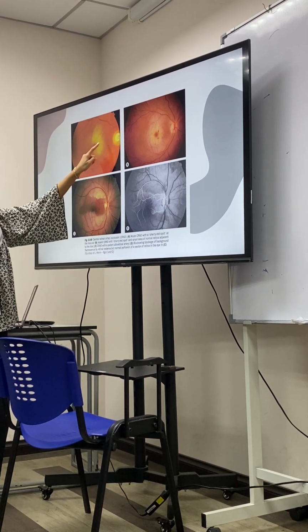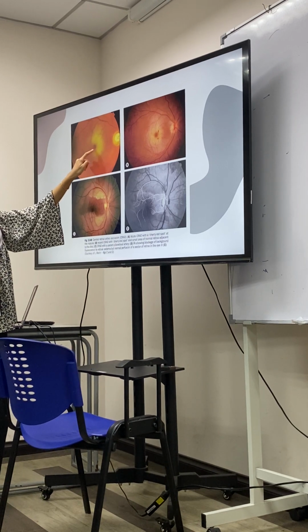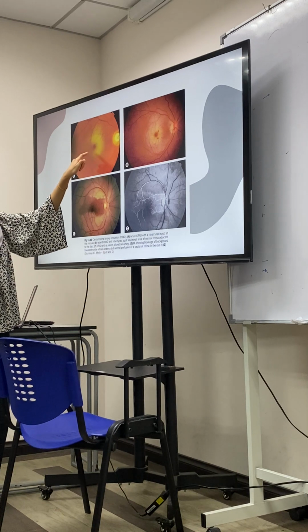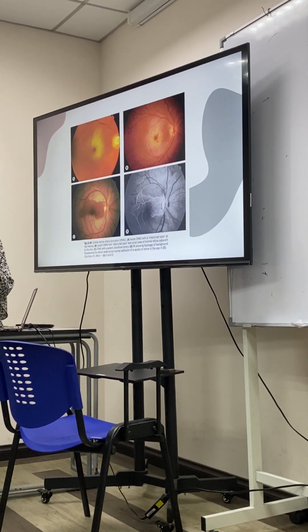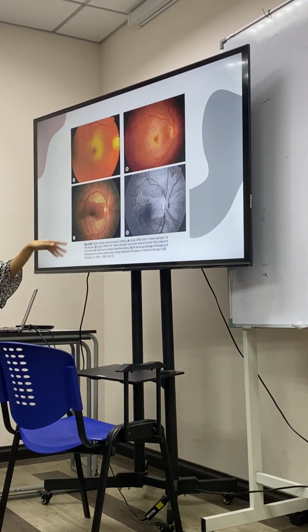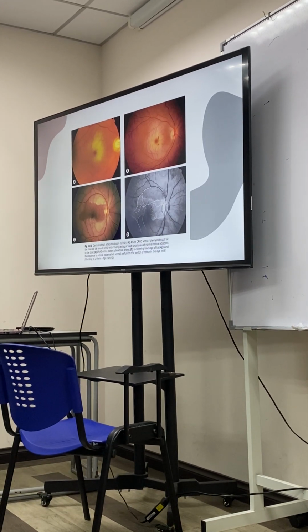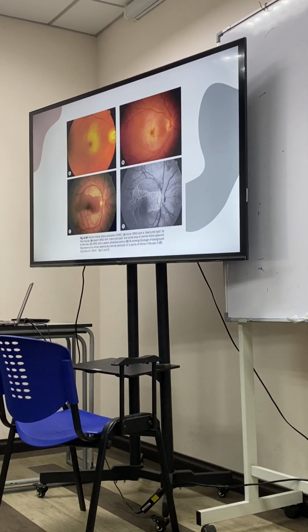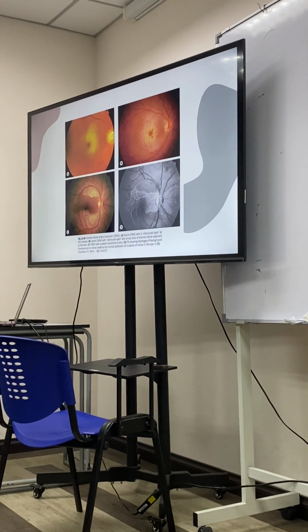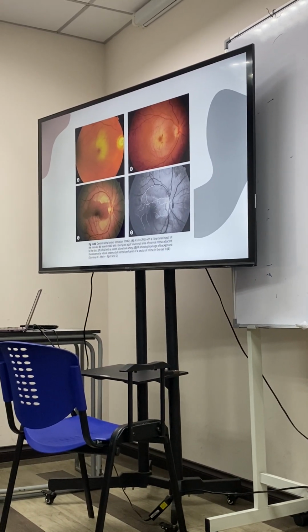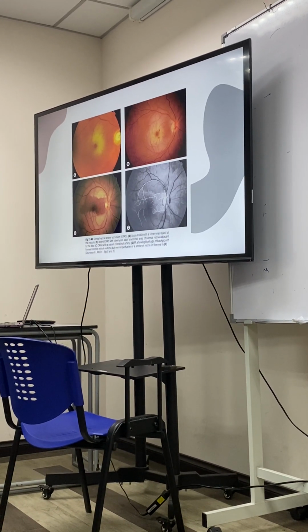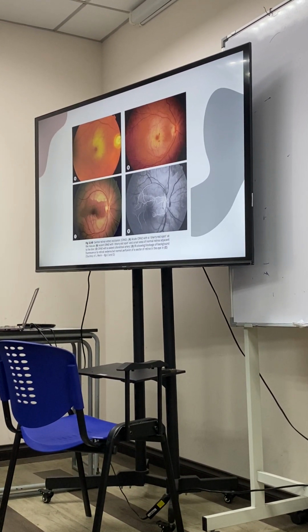So that's why we can see this cherry red spot against retinal edema, cloudy retina, milky white retinal edema. Because at the area of the fovea centralis there is the FAZ, the foveal avascular zone, so there are no vessels. Because of that, the color is more prominent in that area because there are no vessels.